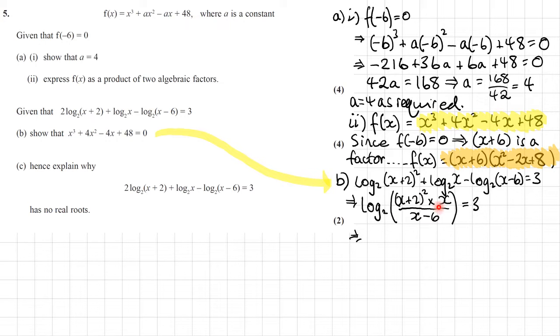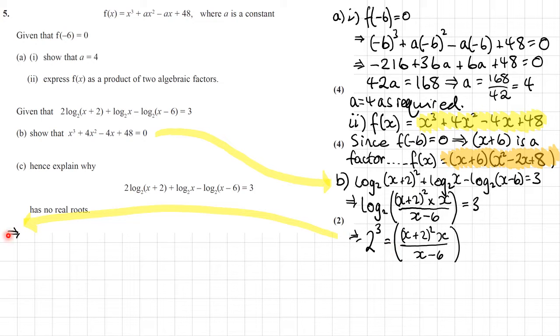Right, next step is now to write this as a power. So we're going to turn the log into the power. So basically it becomes 2 to the power 3 is equal to x plus 2 all squared times x over x minus 6. Right, so now we're ready to simplify this as much as we can.